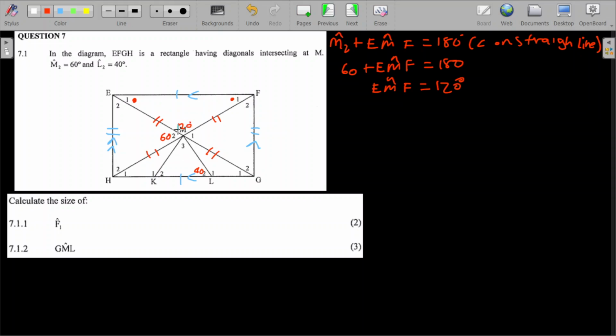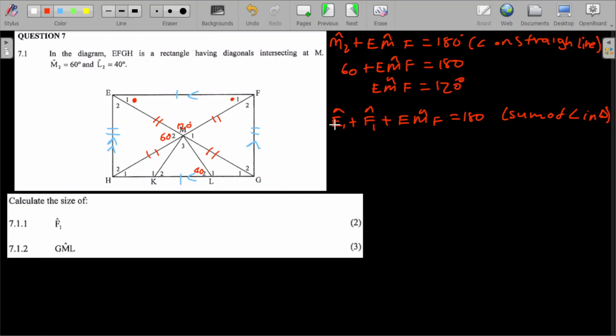If this angle here is 120 degrees, then F1 and E1 are going to be 80? Remember, the sum of the angles in a triangle, so I can say E1 plus F1 plus angle EMF is equal to 180. These are the sum of angles in a triangle.